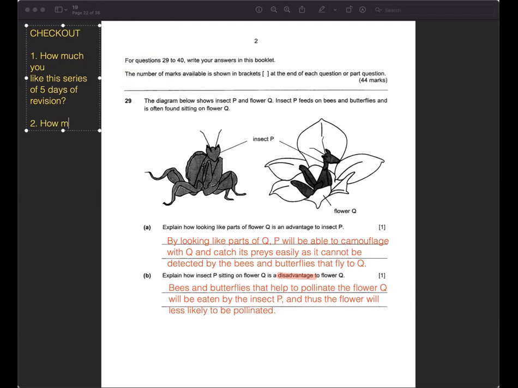Number 2. How good is Mr. Chu's explanation? Okay, number 3. One thing you learned today. Okay, one more thing, 4. How can I improve the lesson? Okay, so give me the 4 answer.